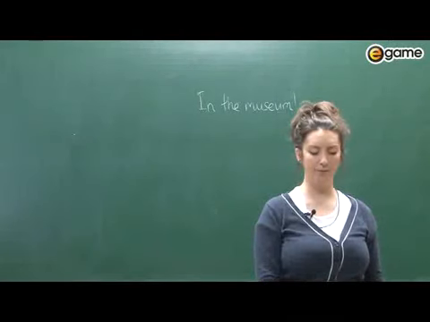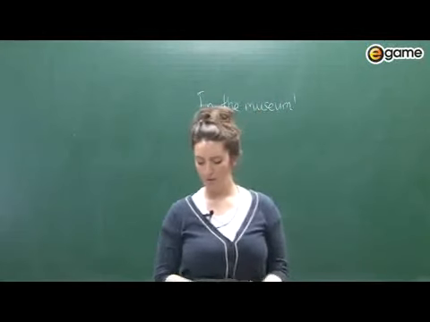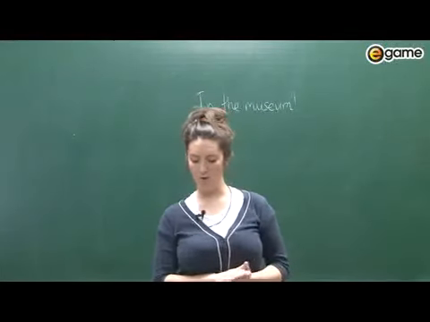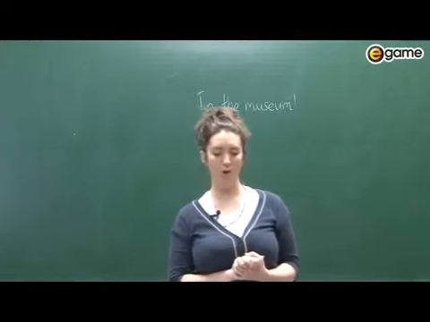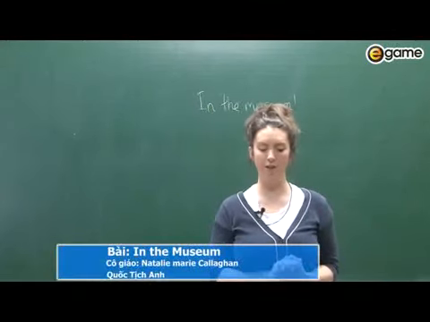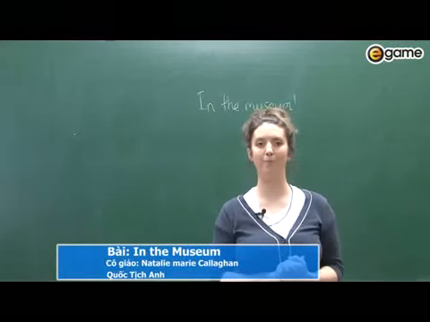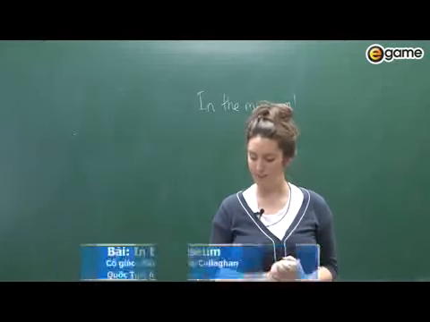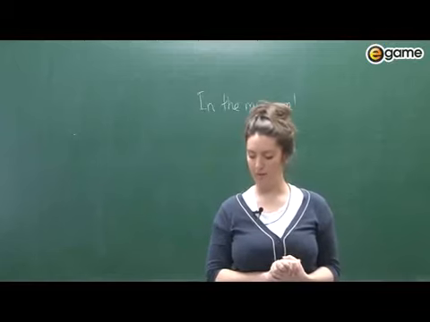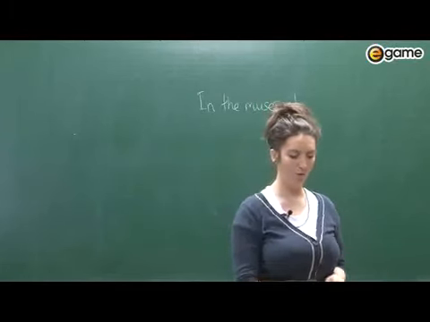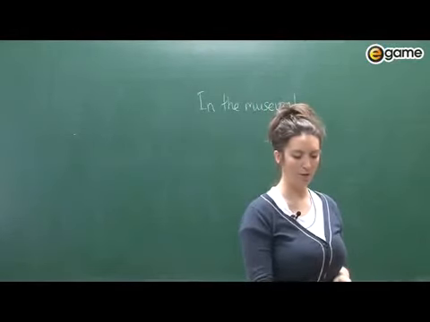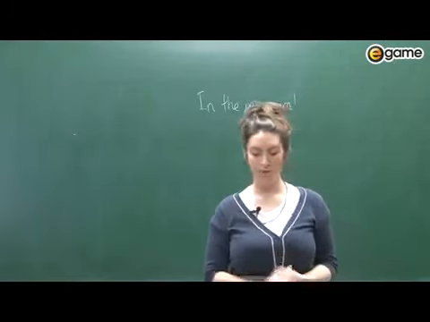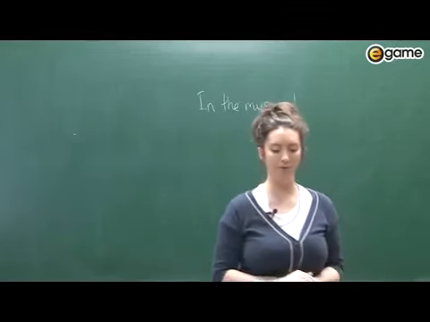Okay, so we use was and wasn't, or were and weren't, when we're talking about things in the past, using the past simple. Okay? Let's look at some examples.